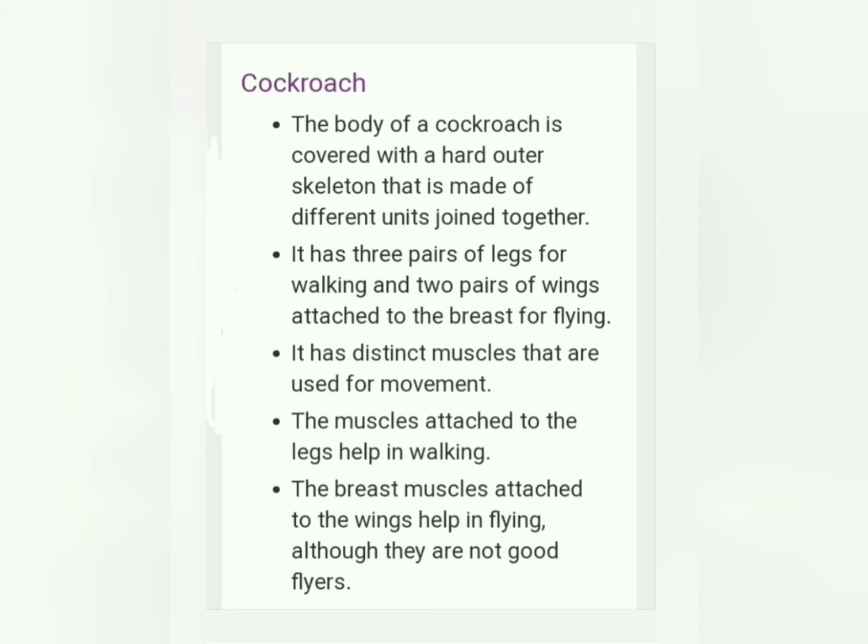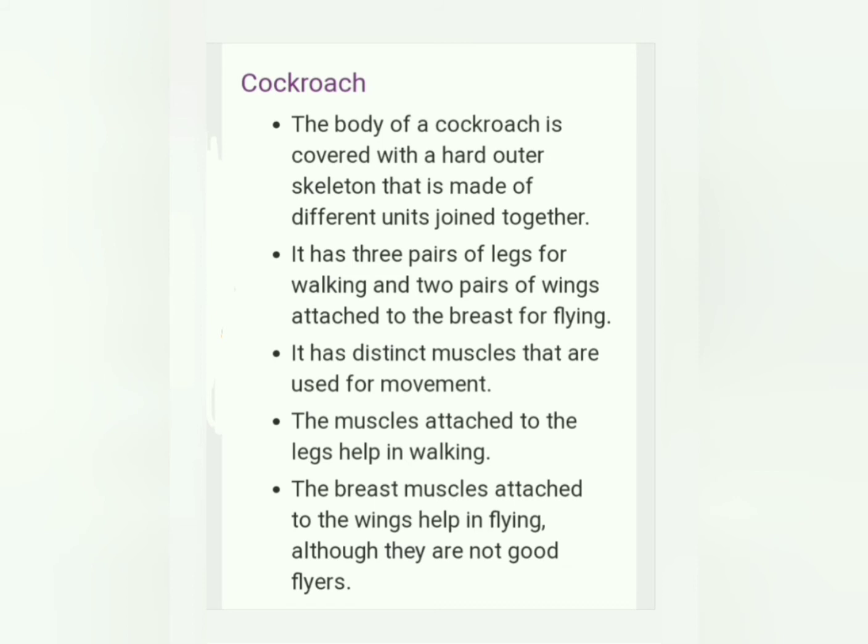Next see, 2 pairs of wings attached to the breast for flying. 2 pairs means how many wings are there? 2 pairs means 4 wings. Next see the third point. It has distinct muscles that are used for movements.